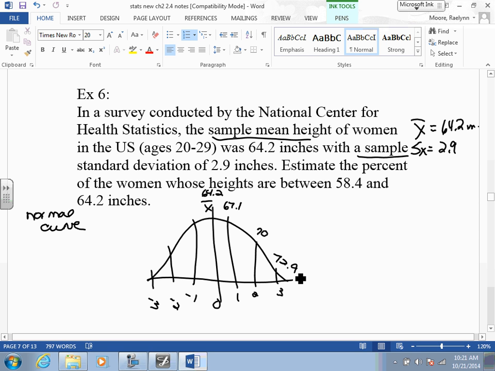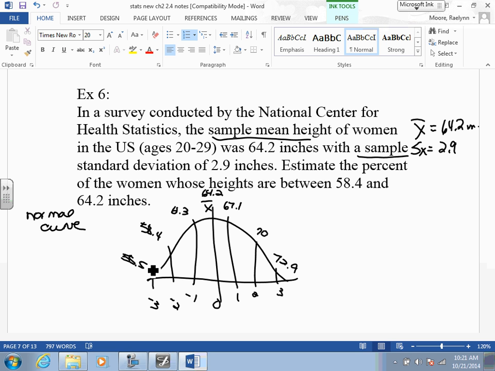And work the opposite way and subtract 2.9. Subtract 2.9 again, and again. So our heights pretty much go from 55.5 inches to 72.9 inches. It covers 99.7% of the women in the United States.